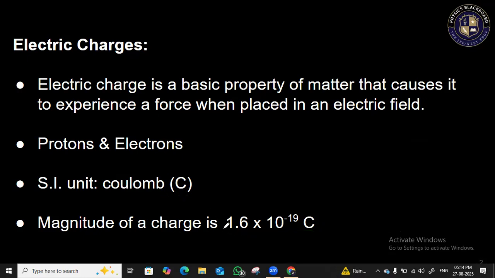If you consider a positive charge, then its magnitude will be plus 1.6 into 10 power minus 19 coulombs. If the charge is an electron, then its magnitude is minus 1.6 into 10 power minus 19 coulombs.